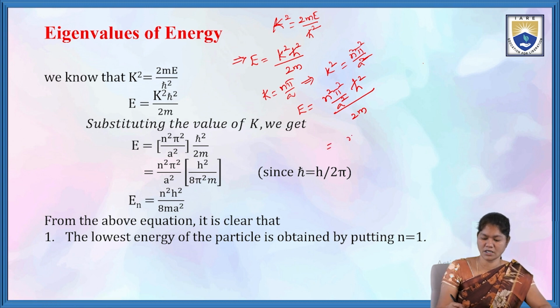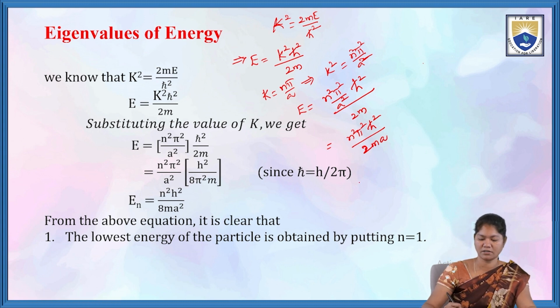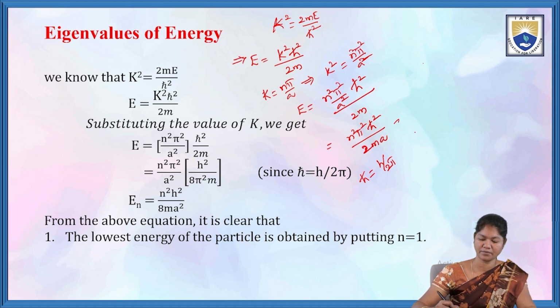So it is equal to n²π²ħ²/2ma. Here, taking ħ = h/2π, substituting h/2π instead of ħ. So E = n²π²/2ma × (h/2π)².